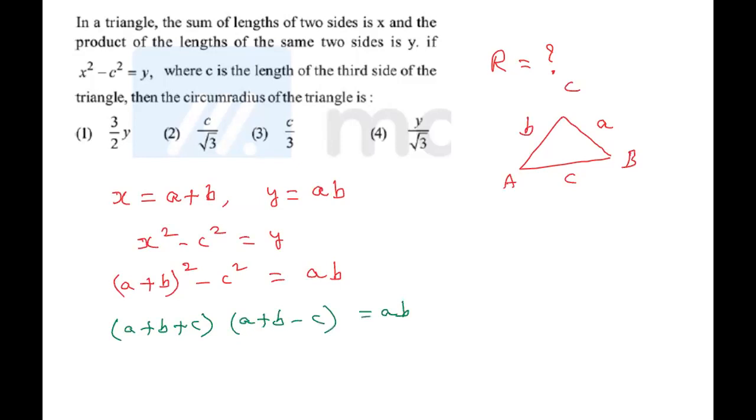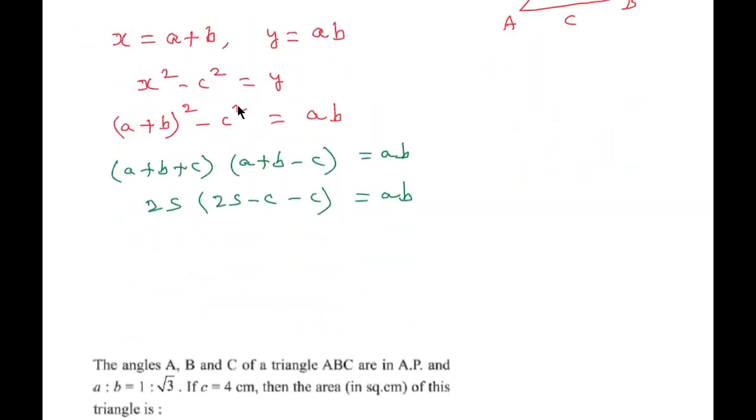Already we know that a plus b plus c means 2s, into, here a plus b means 2s minus c, and minus c, that is equal to ab. Observe the left hand side: 2s minus c minus c means 2s minus 2c. Taking 2 common, we get s into (s minus c).